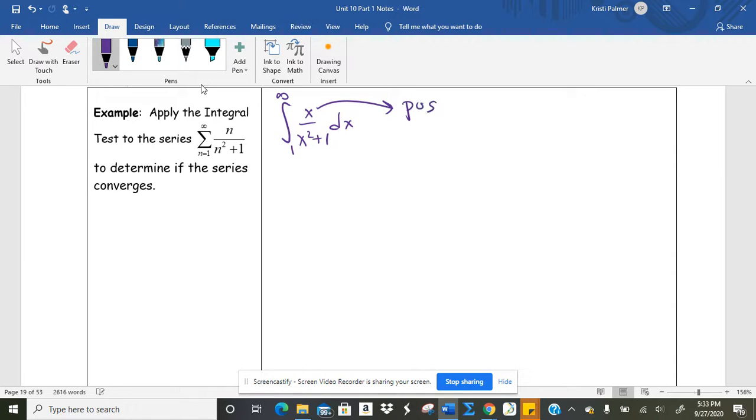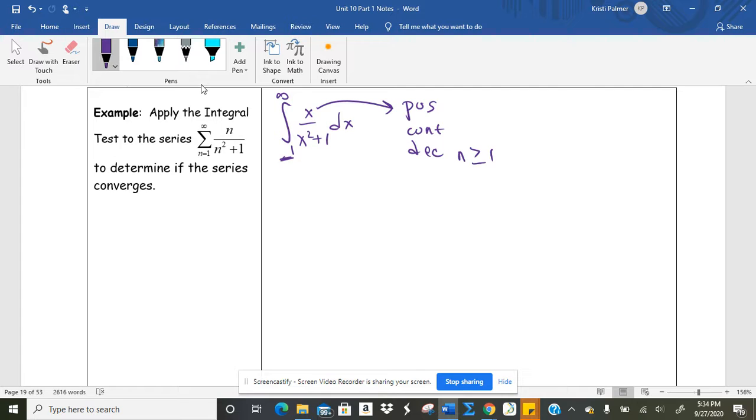Is this function positive, continuous, and decreasing, in this case, from n greater than or equal to 1, because that's where we started? Well, it is positive. It's always continuous. There's nothing that makes that denominator 0. And we are decreasing because we're definitely getting bigger on the bottom than we are on top. So all of these are true.